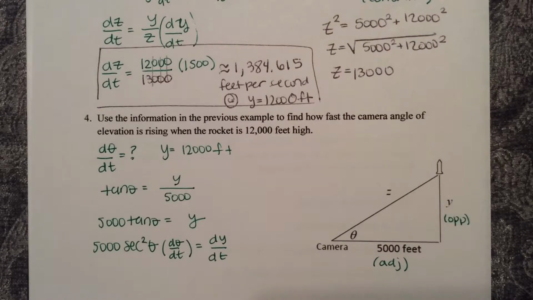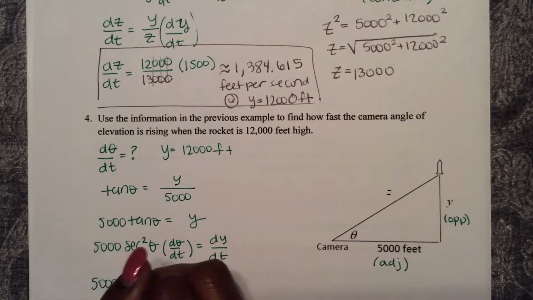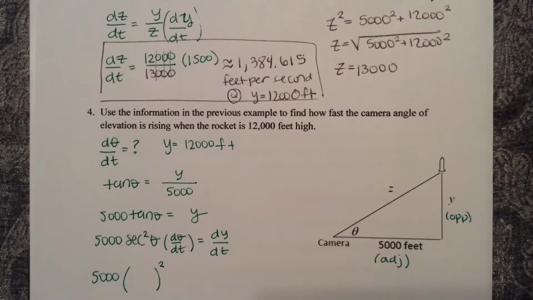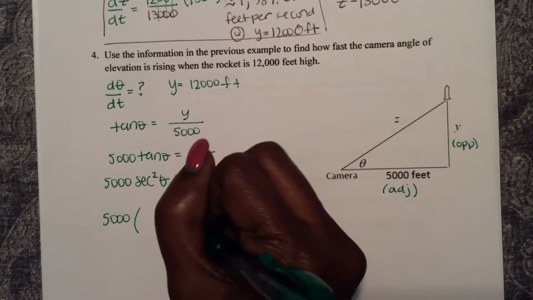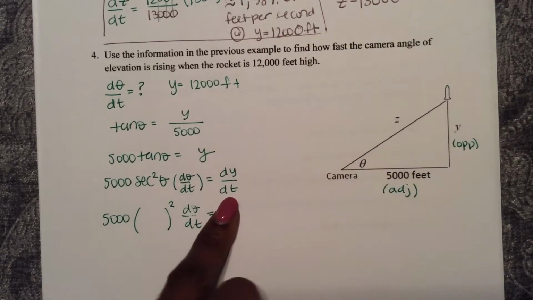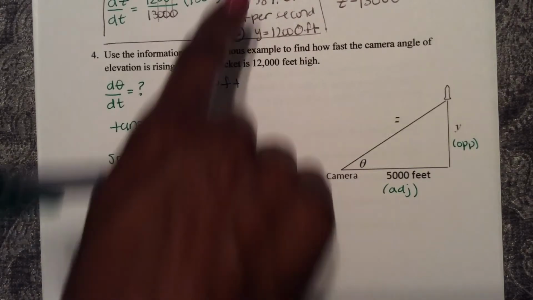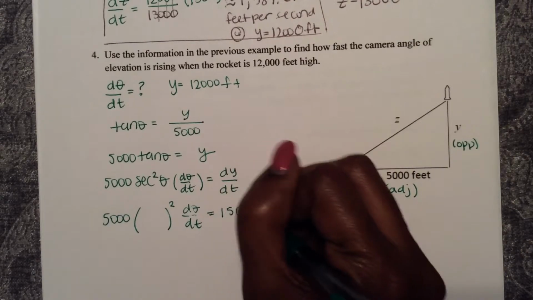So I'm going to plug in what I know and solve. So I have 5,000 multiplied by whatever secant theta is squared. I'll talk about that in a second. Multiplied by dθ/dt equals dy/dt, which in the previous example was 1,500.